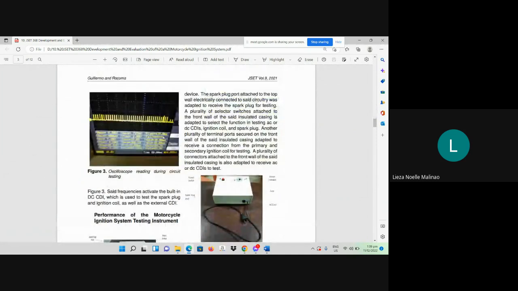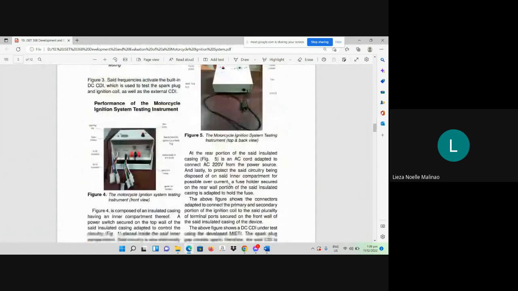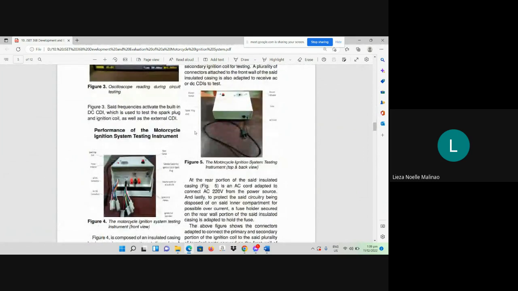So you know what all these parts are that are being presented here. So this article is basically telling the reader that hey, we developed a certain innovation, which we call the motorcycle ignition system testing instrument. That's what the authors are saying.